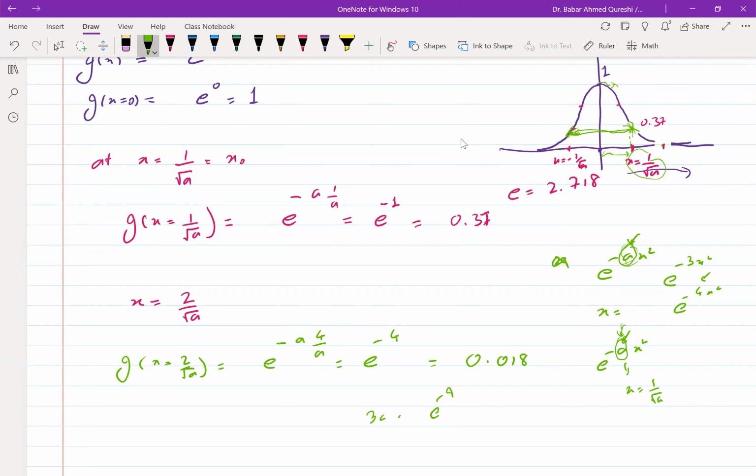In 1 meter, I have gone down by 0.37, or let's say in 1 second. But in the next second, you have gone down by a huge amount. You have only 0.018 left. And in the next second, even more at an exponential rate. So that's the point: this parameter controls how fast it's decreasing, and at what point its exponential behavior becomes apparent.